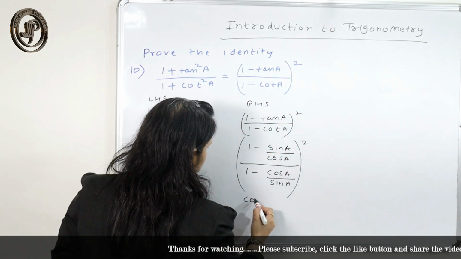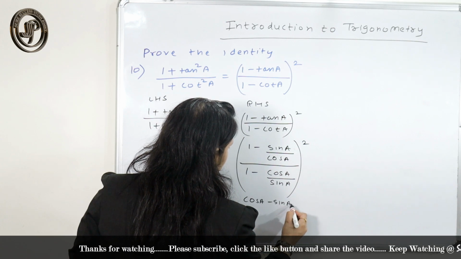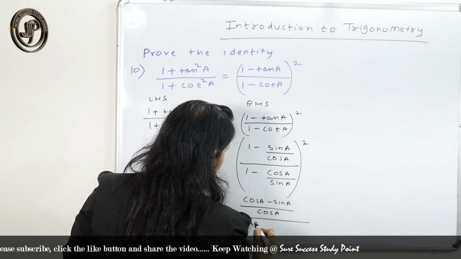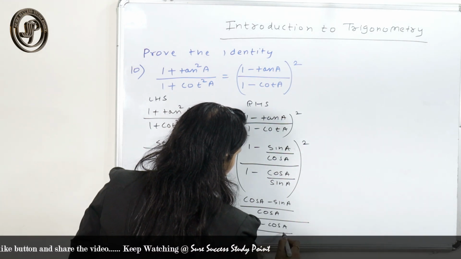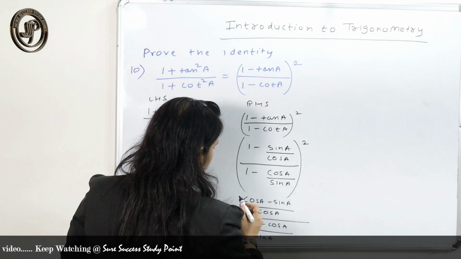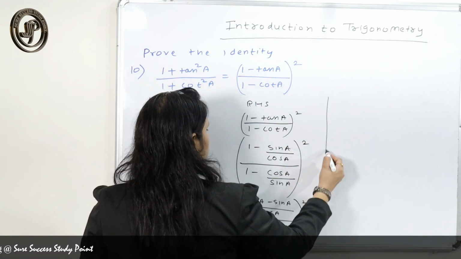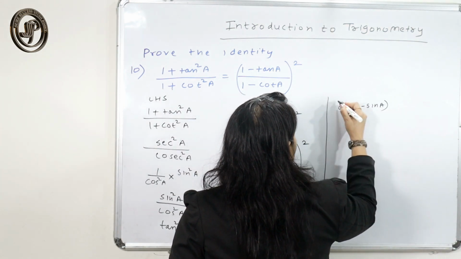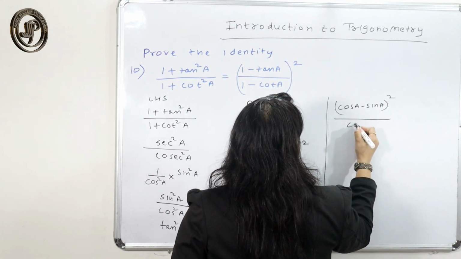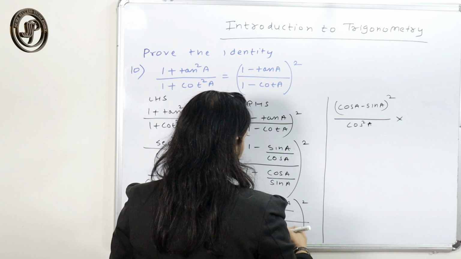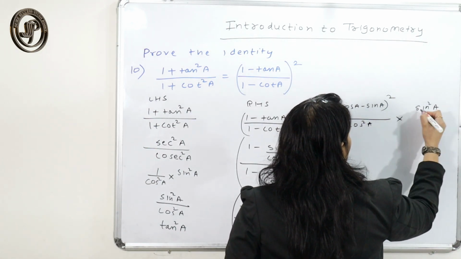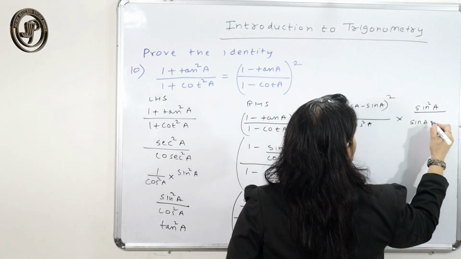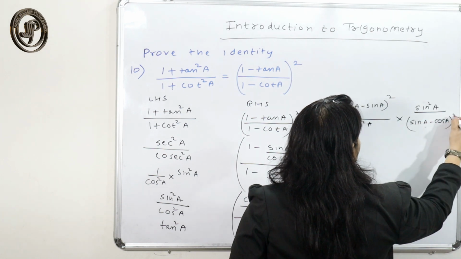So this is (cos A minus sin A) upon cos A, and in the denominator (sin A minus cos A) upon sin A. So if you further simplify this, you will get (sin A minus cos A) whole square upon cos square A, and this will get reciprocal when it goes up. So (sin A minus cos A) the whole square.